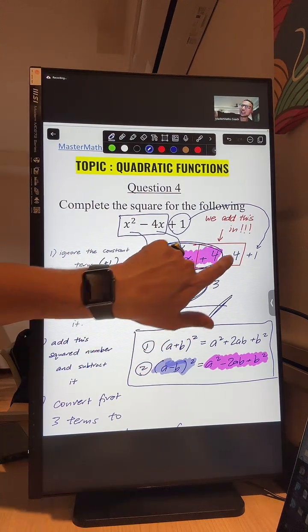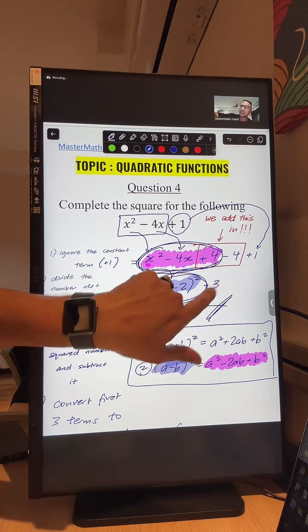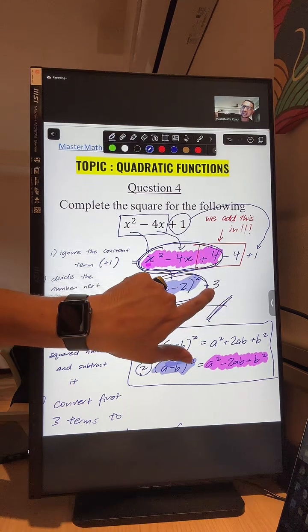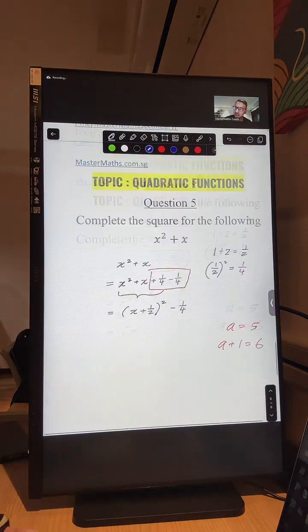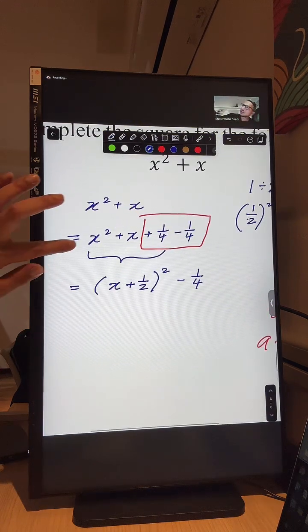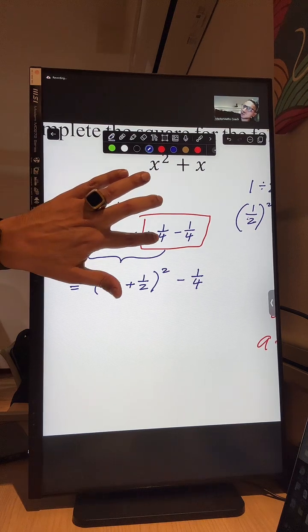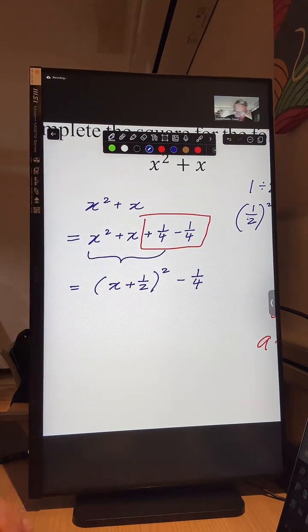Then the minus 4 and the plus 1 here become minus 3. But here, x squared plus x plus 1/4 becomes x plus half square. I hope this is clear. This guy become this guy.